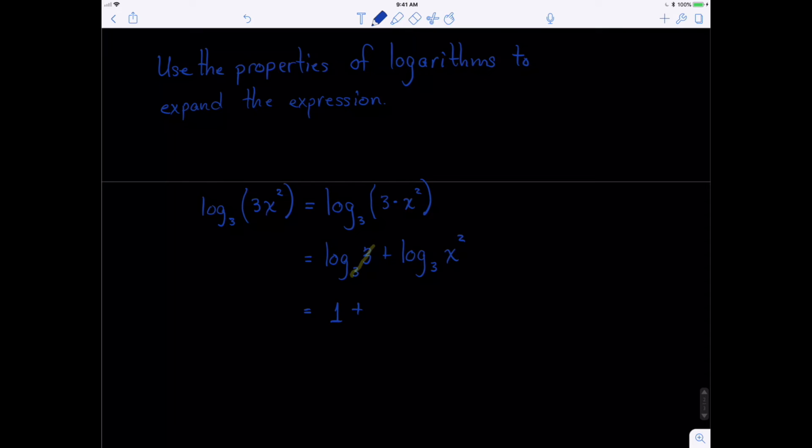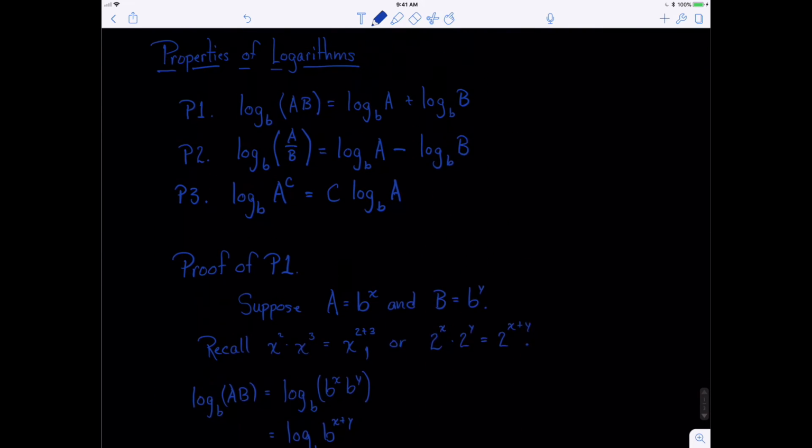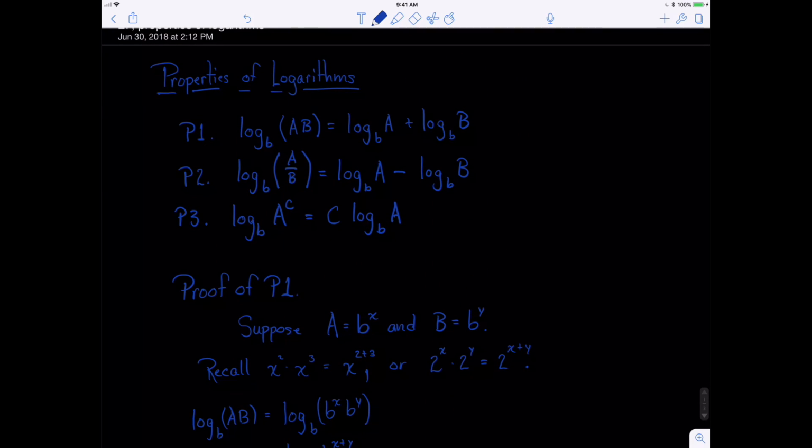Now, let's use P3, and I'm going to go back up and look. Notice here, property 3 says that if we have the log of a number raised to an exponent, then the exponent just gets moved out in front of the log and turned into multiplication.